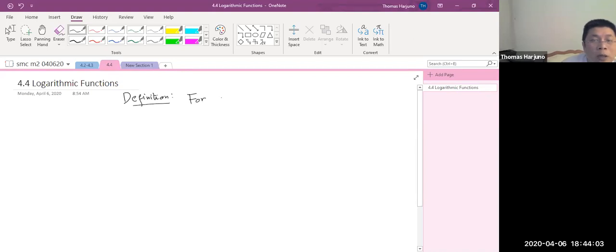For a positive and not 1, log base a of x equals y if and only if a to the y equals x. I need you to memorize this definition. As for the base, don't worry, that's the same base that we talked about.